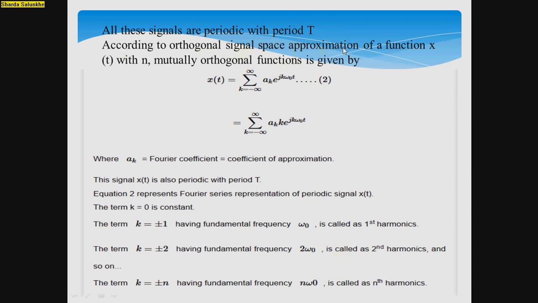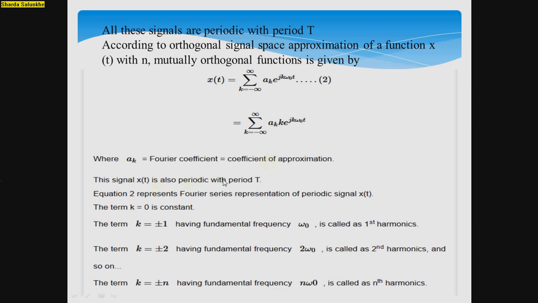According to orthogonal signal space, the approximation of function x of t with n mutually orthogonal functions is given as x of t equal to summation k equal to minus infinity to infinity a k e raised to j k omega 0 t, where k is an integer. a k is the Fourier coefficient, or we can call it the coefficient of approximation.